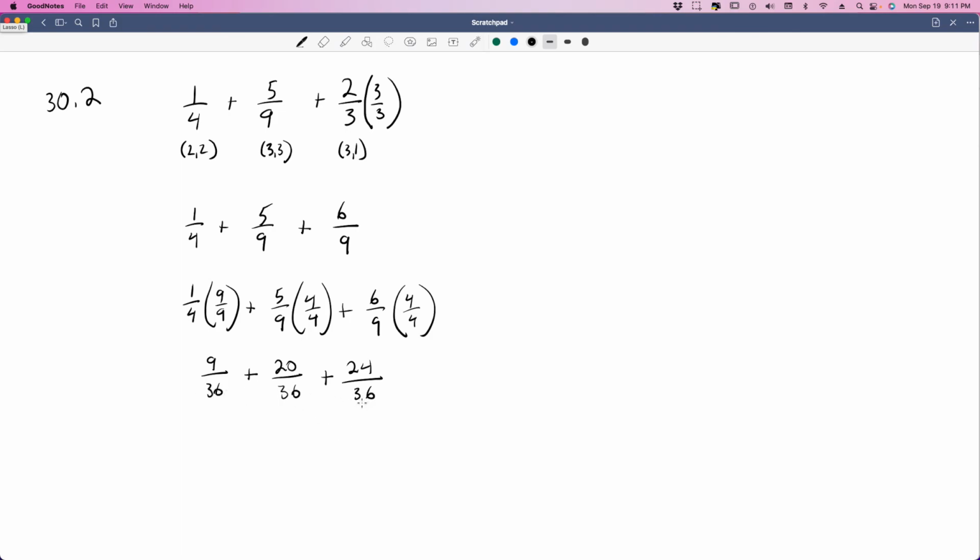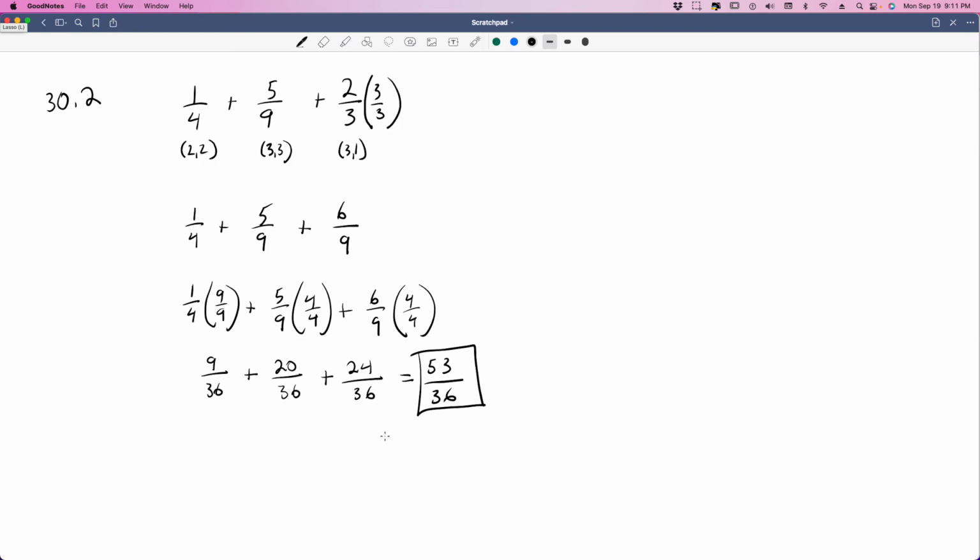Now they all have the same denominator. So now I can easily do the math. 9 plus 20 is 29. 29 plus 24 is going to be 53. 53 over 36. And that is an improper fraction.